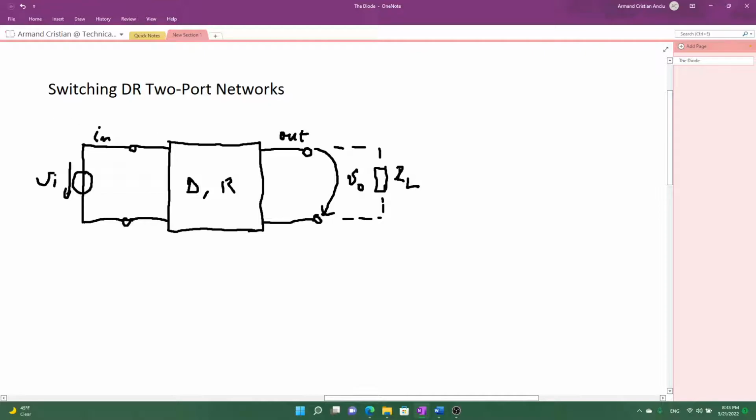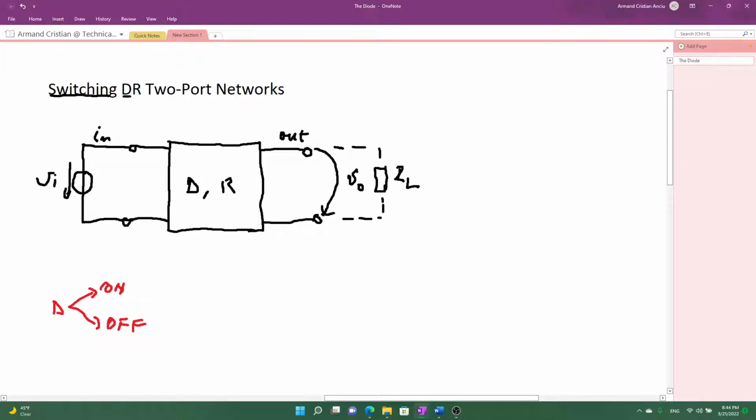First of all, switching. Why is this switching? Because of the diode. Like I said, the diode can be in two states. It can be on or off. Because the diode can change its state, we say that this network is a switching network.